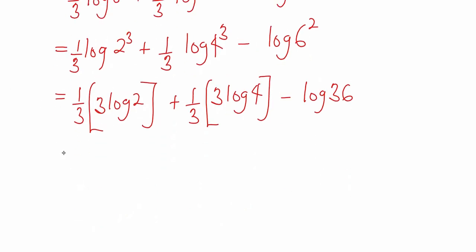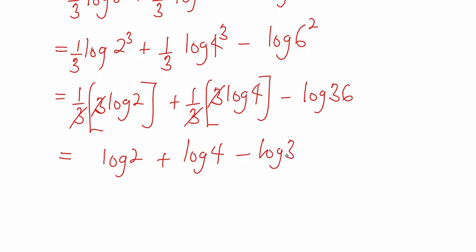Now at this point we can see that this 3 cancels that 3, so we are left with logarithm of 2, and this 3 also cancels that 3, plus logarithm of 4 minus logarithm of 36. Now we can also write this as a single logarithm.